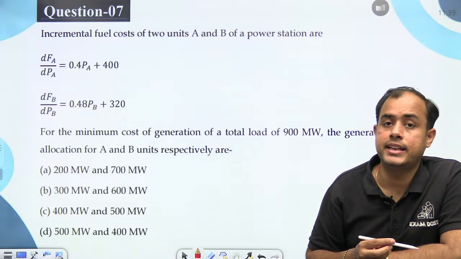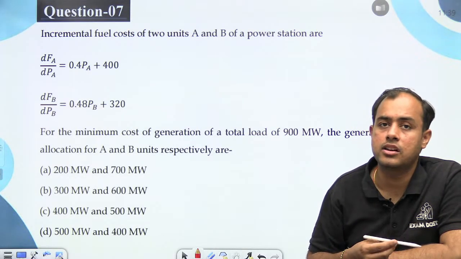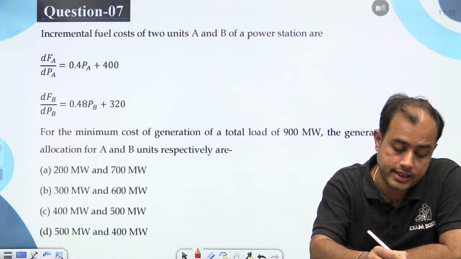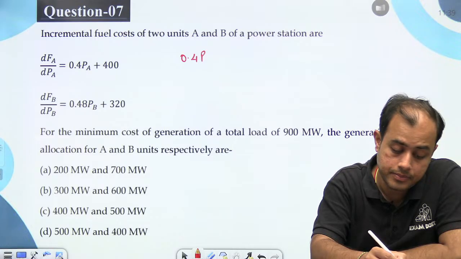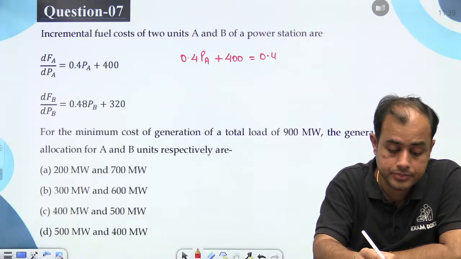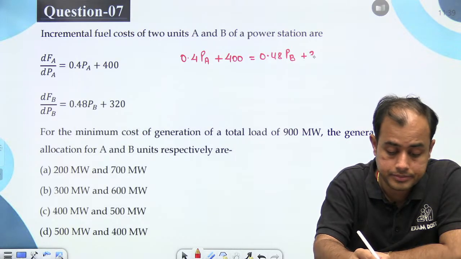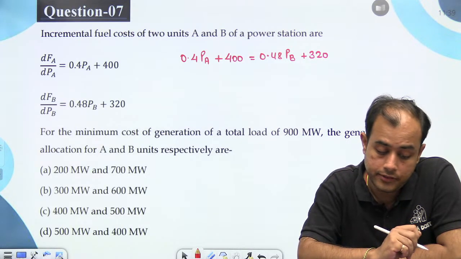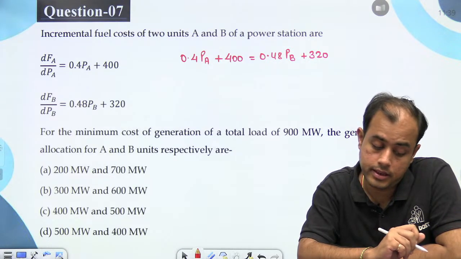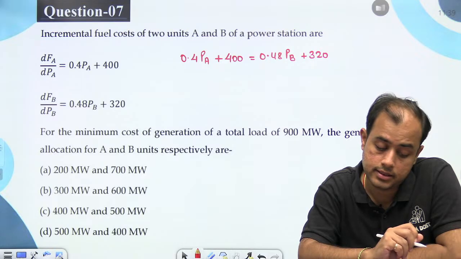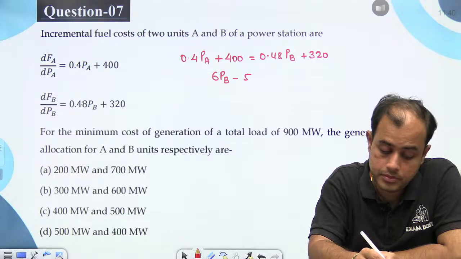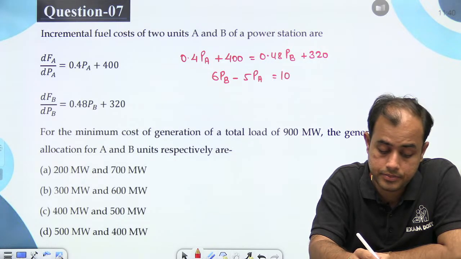ESE 2015. Try this. Incremental cost is given, total load is given. It is asking the generator allocation. So we will equate the incremental cost. 0.48 minus 0.4 is 0.08. 0.8 से divide कर रहे हैं 100.